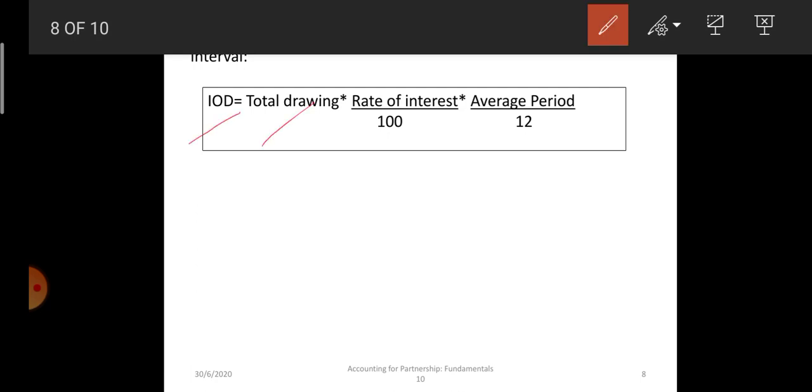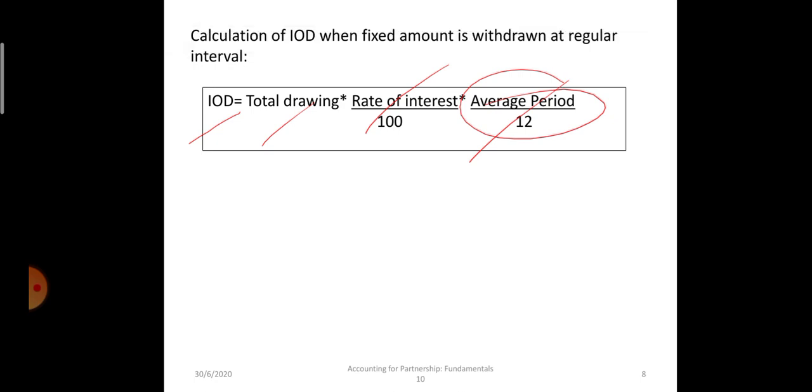If every month the amount is withdrawn, then say 2,000 rupees, so 2,000 into 12, it will be 24,000 rupees. If every quarter, then there are 4 quarters in a year, so 4 into the amount of drawing. In the same manner, if every 2 months, then 6 times it will be multiplied. Rate of interest and average period. Average period formula we have to discuss just now.